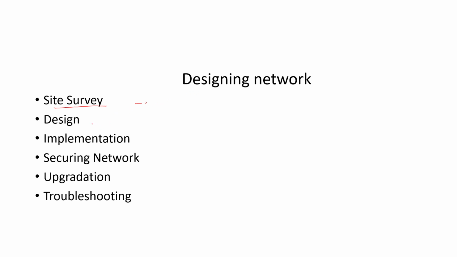Okay, then the next step is design. Design means, in real life, before you construct a house, the architect would give you different types of plans, right? And they would give you the design also, how your house would become. They would give you 3D also. So according to your need, you will take one of the plans, right?